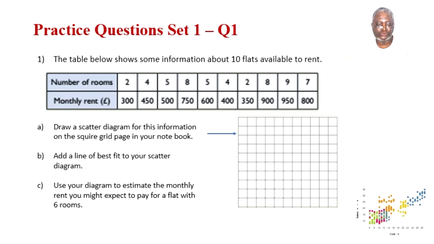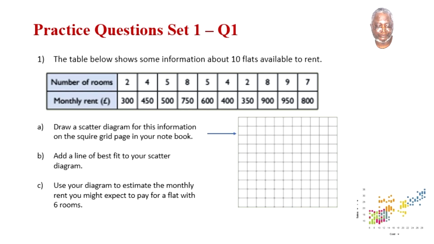So you have 2, 4, 5, 8, 5, 4, 2, 8, 9, 7, and the rent is listed below. A. Draw a scattergram for this information on the square grid page in your notebook. Remember, I told you that you must get a square grid notebook, which will help you a lot.